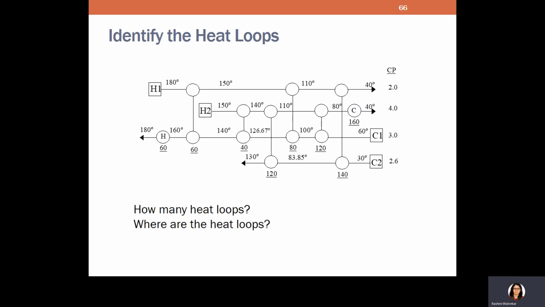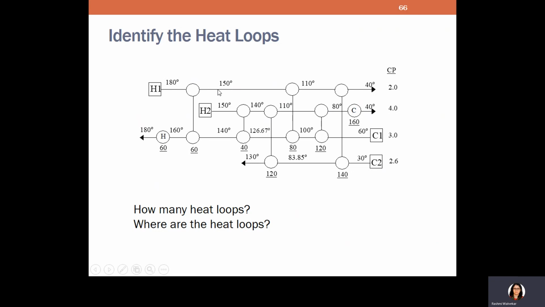Let us look into this heat exchanger network design. This design is generated using our problem table algorithm. To perform the optimization, we need to first write all the duties of heaters, coolers, and heat exchangers, and also the stream temperatures, the inlet and exit from each utility and heat exchanger.